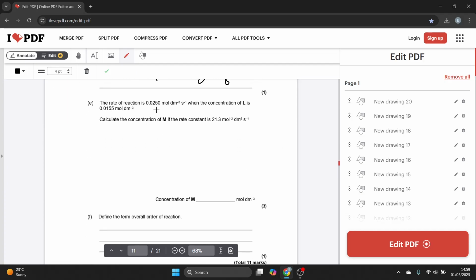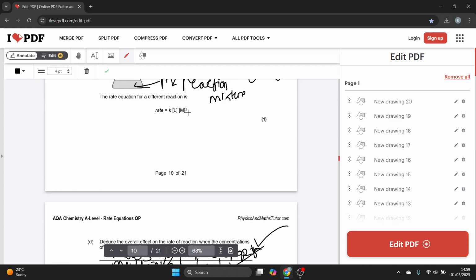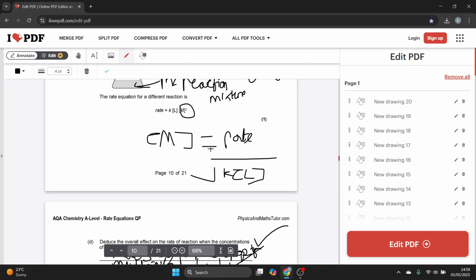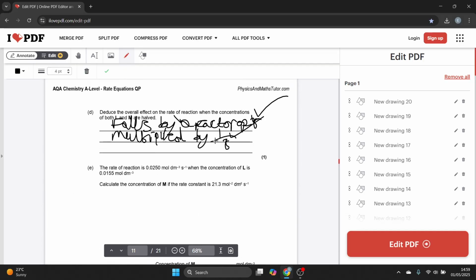Calculate the concentration of M. Okay, M is here, so I need to rearrange it. So concentration of M equals the square root of rate divided by k times the concentration of L. I'm just going to substitute in, because we've got a lot more questions to do and don't want to waste any time.